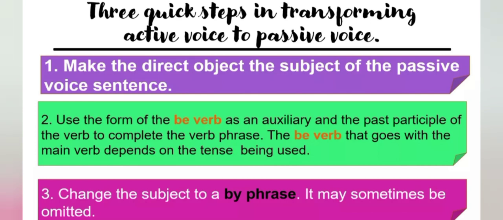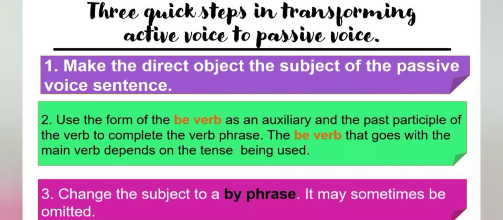Please take note that from active to passive, in the passive voice, it is constant: the main verb in the verb phrase will always be in the past participle. The be verb that goes with the main verb depends on the tense being used.